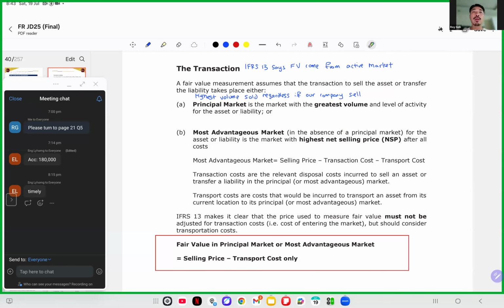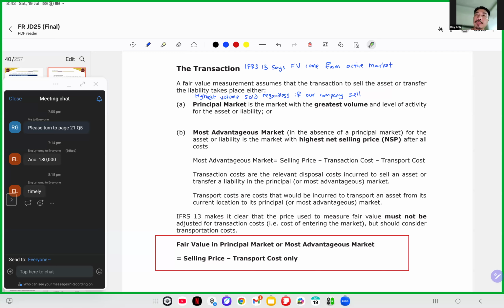Because of the lockdown, I lost the Singapore market. Because of some political reason, I lost the Indonesian market, I lost the China market. Therefore, I cannot sell to Thailand, Vietnam, or Cambodia. So the market that gives me the highest selling price is known as the most advantageous market.